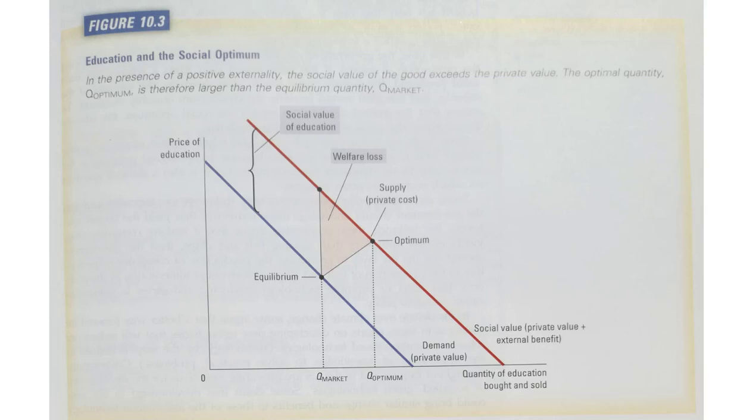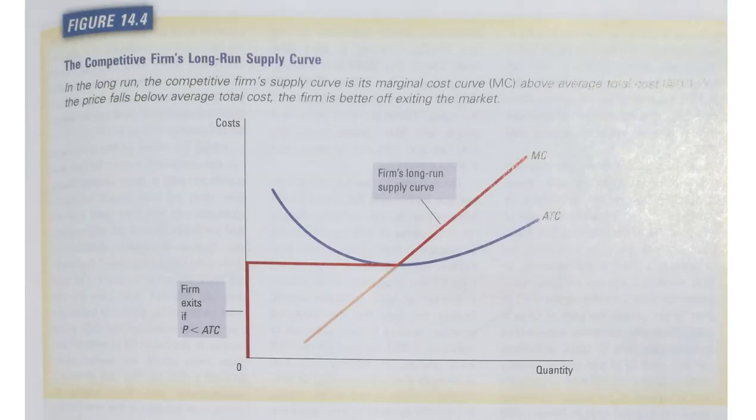Right. So the next thing is about the competitive firm's long-run supply curve. So in the long run, the competitive firm's supply curve is the marginal cost curve above the average total cost.